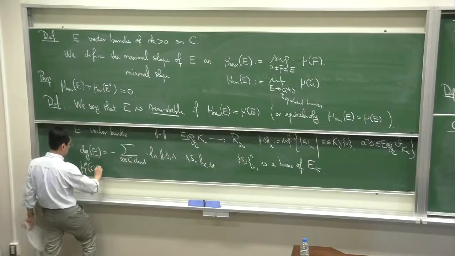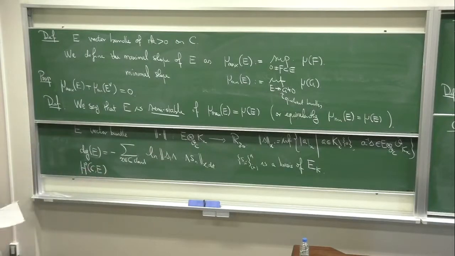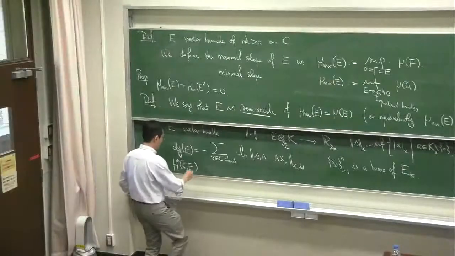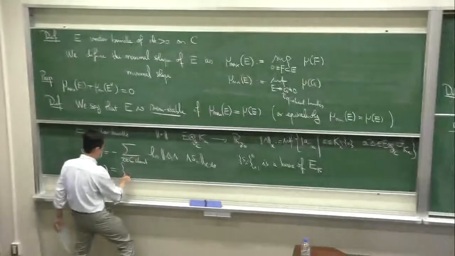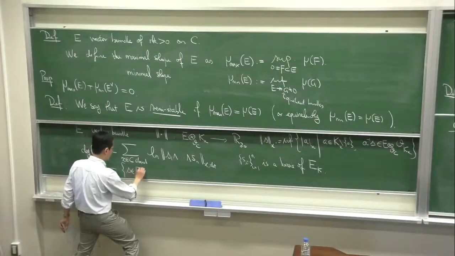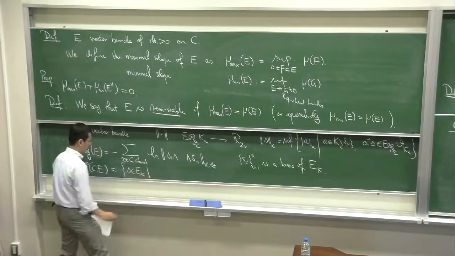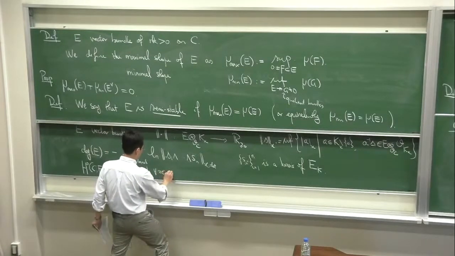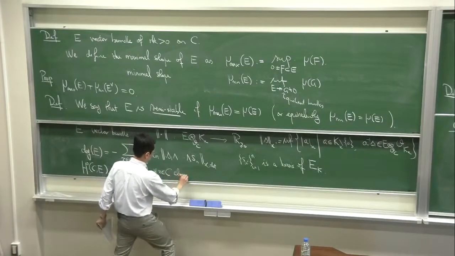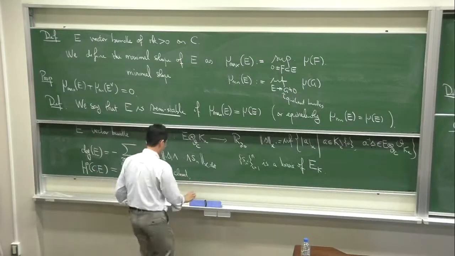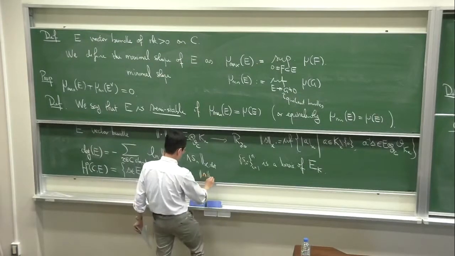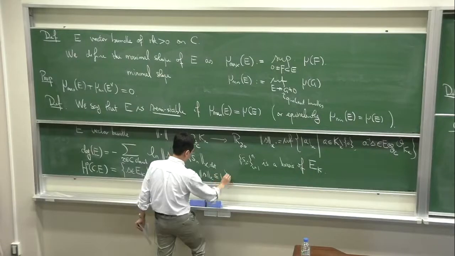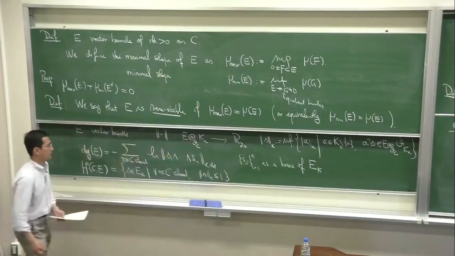So for example, if you want to determine the space of the global sections of a vector bundle, that is just the set of S in the generic fiber such that for any x in C closed, the norm of S at x is bounded from above by 1.